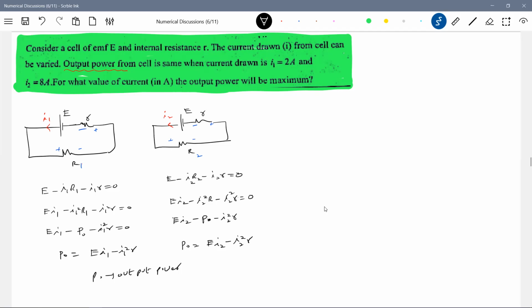After this, what is the maximum power? When will the power be maximum? In general, for a circuit, we'll take it like this.